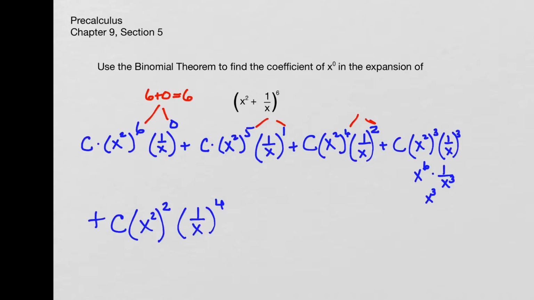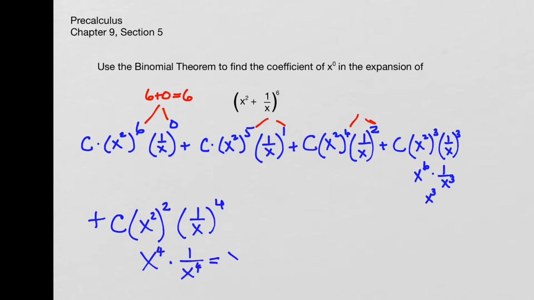And when I say my exponents, I'm not including this x squared. It's the outer exponents that have to add up to 6. Let's check again to see how we're doing with getting towards x to the 0 power. We have x squared squared, that's x to the 4, and 1 over x to the 4, and here we go.